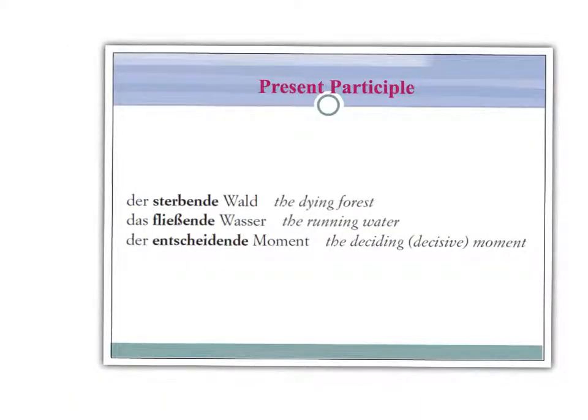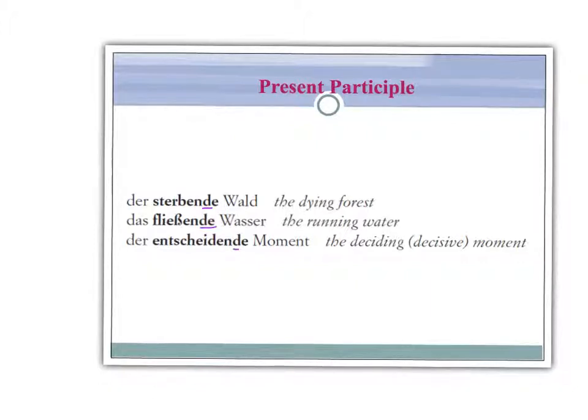The present participle is formed by adding d to the infinitive form of a verb. So sterben, to die, becomes sterbend, the dying forest, or fließen, the flowing water, fließend. Here it is: entscheiden becomes entscheidend, deciding.